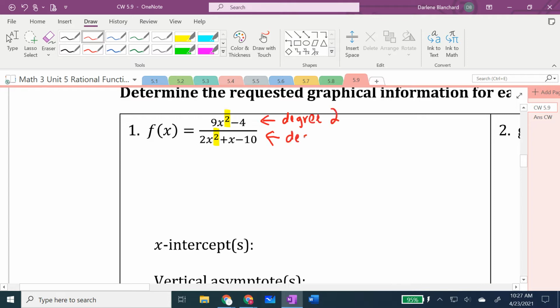Degree 2, degree 2. If the degrees of the polynomial in the numerator and denominator are equal, then the horizontal asymptote is the ratio of the leading coefficients. And the leading coefficients are the number multiplied to the x that has that largest exponent. And so the horizontal asymptote is 9/2.